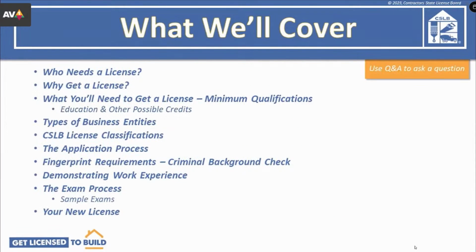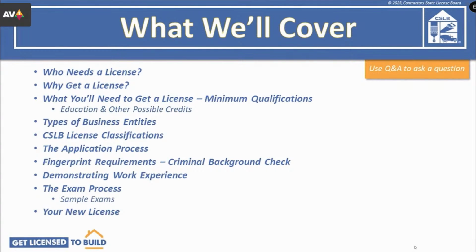Here's a list of what we're going to cover today. We will take you through the process of applying for your California contractor's license. First, who needs a license? Why get a contractor's license? The minimum qualifications you need to get a license and what credits you might qualify for. The types of business entities. The different CSLB license classifications, including our new B2 residential remodeling classification.